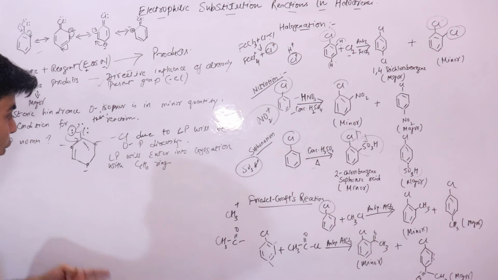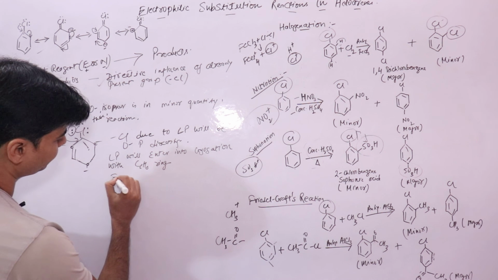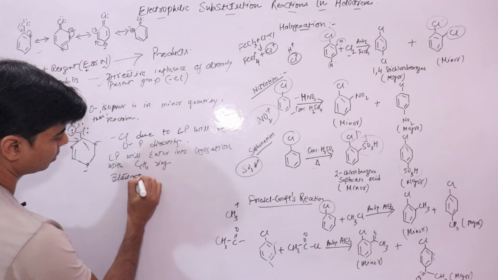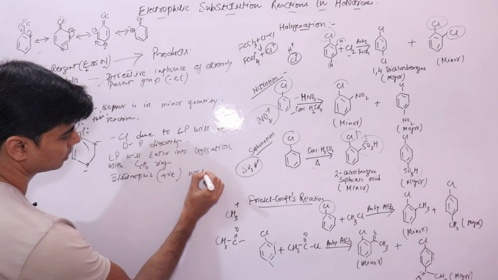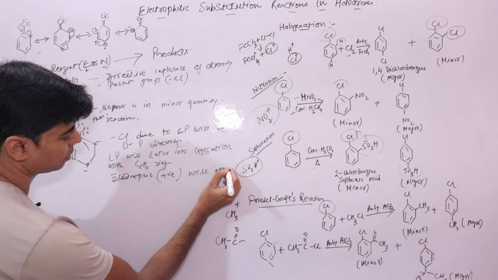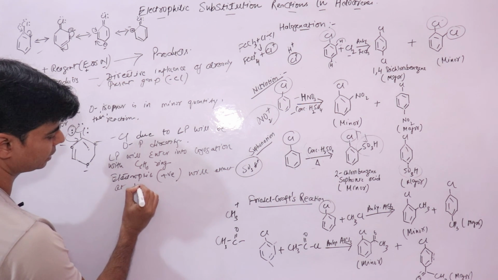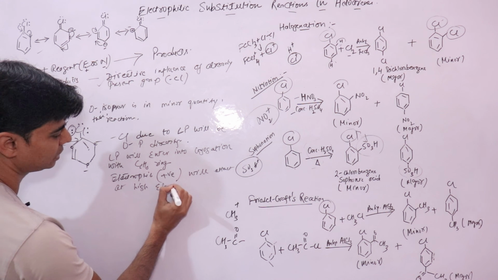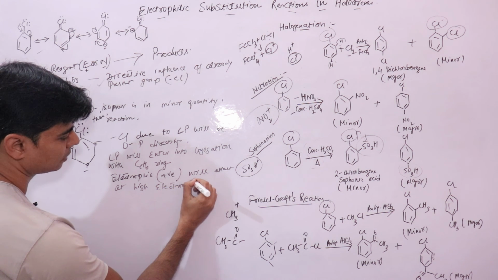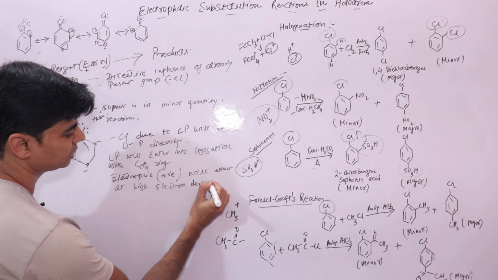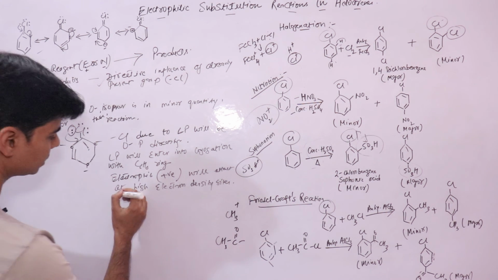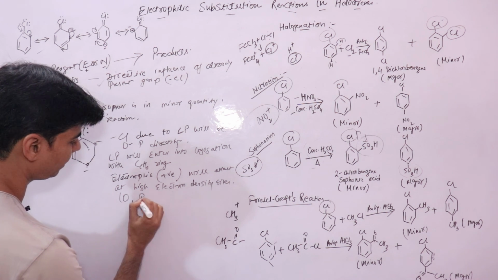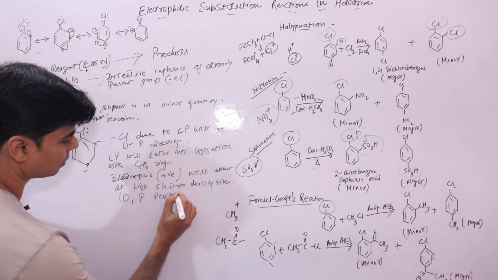So electrophiles, which are positive reagents, will attack at high electron density sites, which in this case are the ortho and para positions.